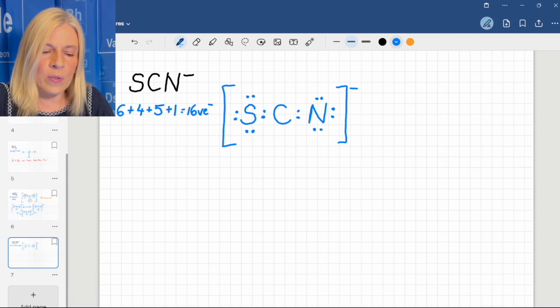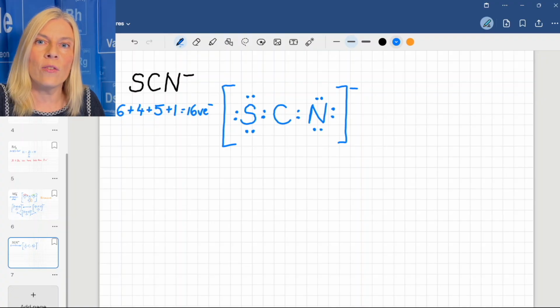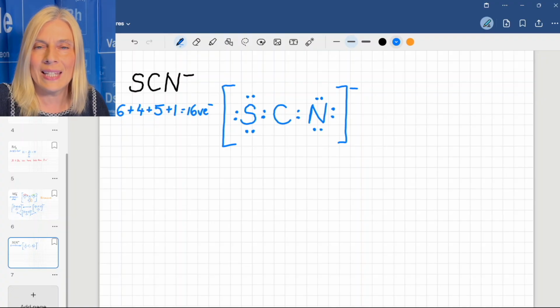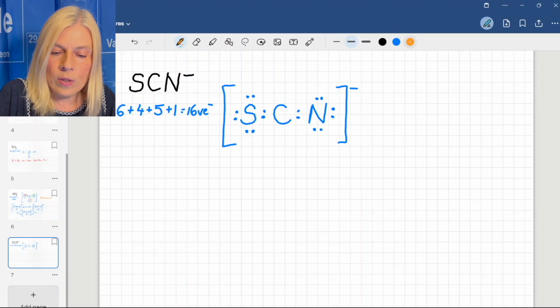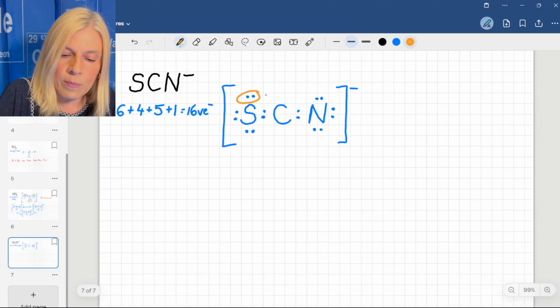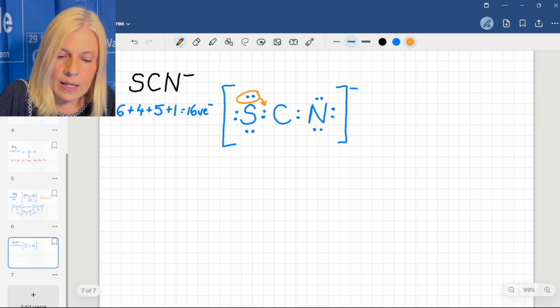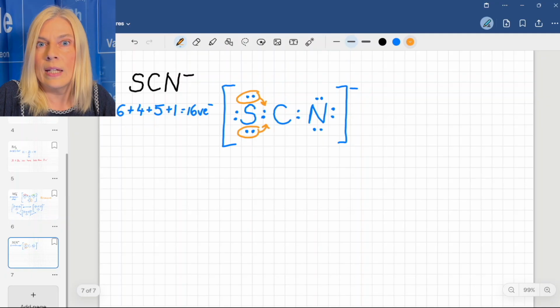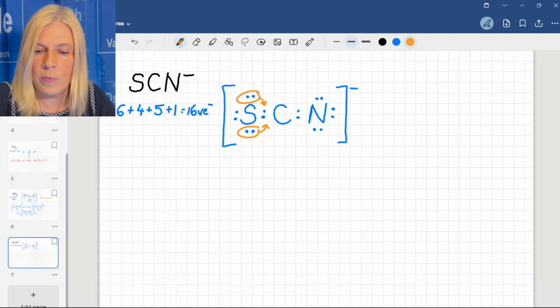But before, when I had nitrate, I had 3 equal choices. I had 3 oxygens to choose from. But here I do not have equal choices. So can I do choice number 1, meaning take the electrons from sulfur and put them here and make 1 triple bond?